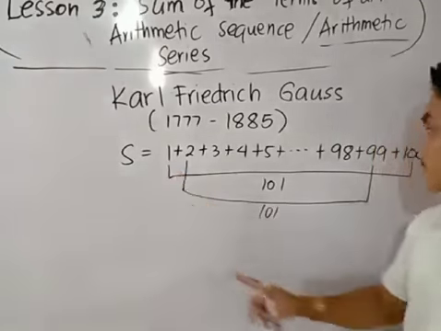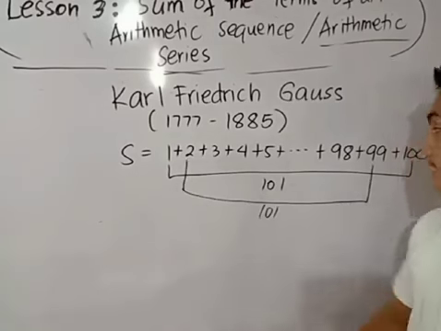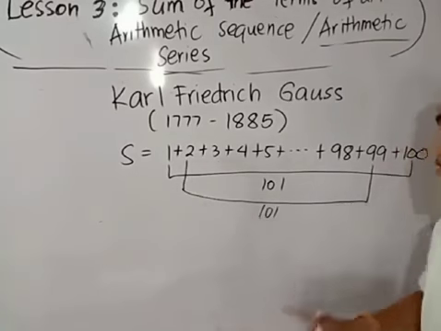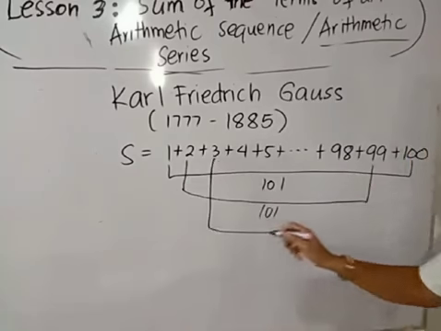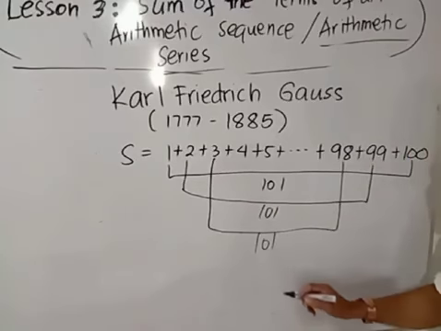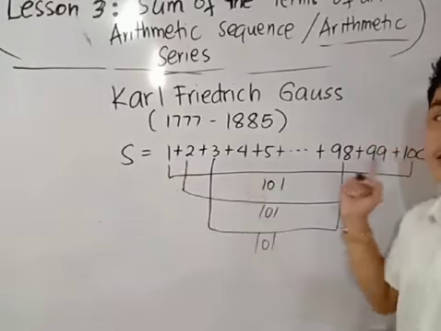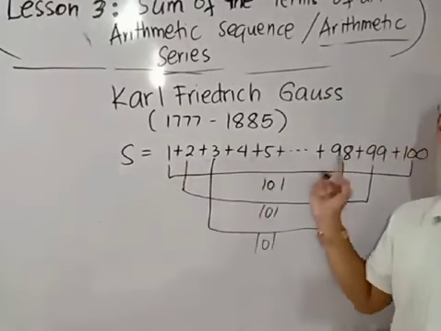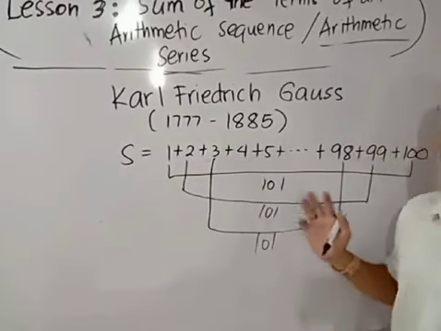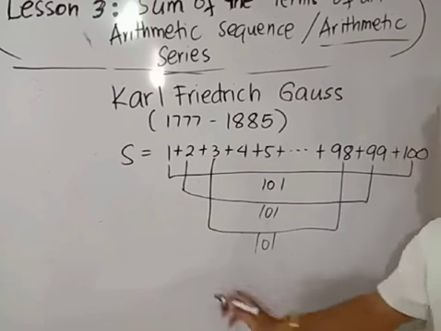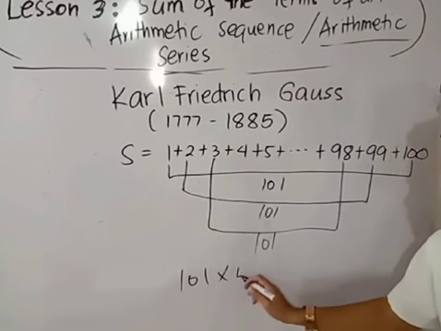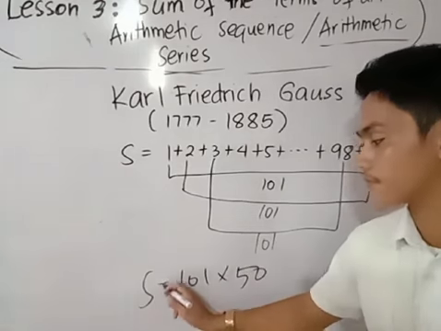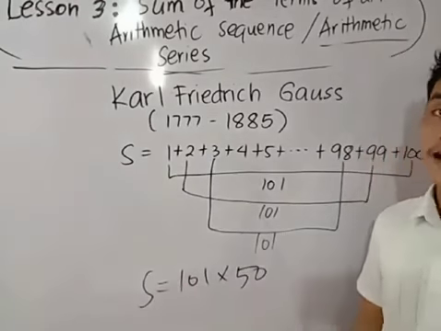Gauss paired the first and the last, the second number and the second to the last, the third number and the third to the last, which will also give you 101. Gauss figured that this series has 100 numbers and there are 50 pairs. So it would be 101 times 50. That's the sum of the first 100 counting numbers.